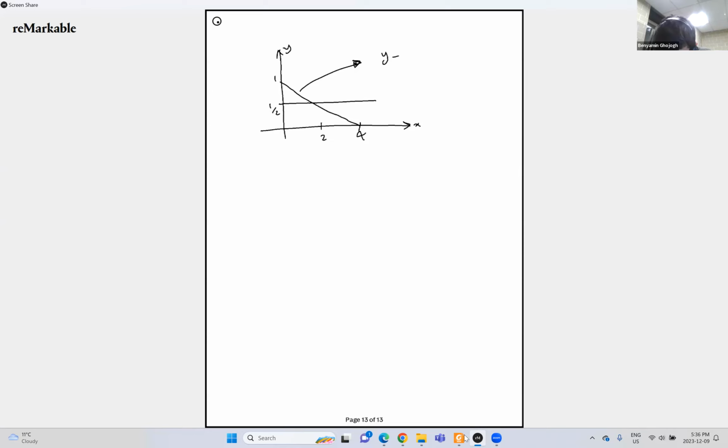It's y minus 1, right? What is the equation of this line?